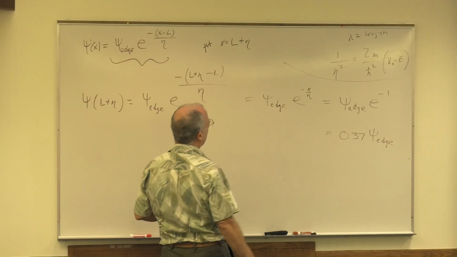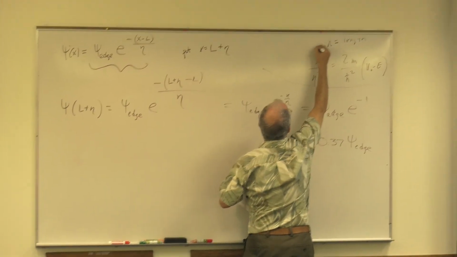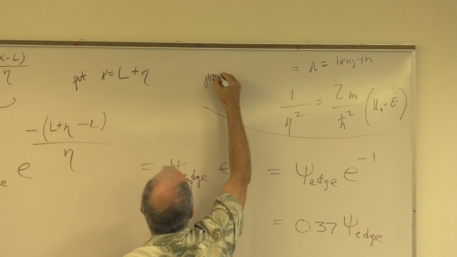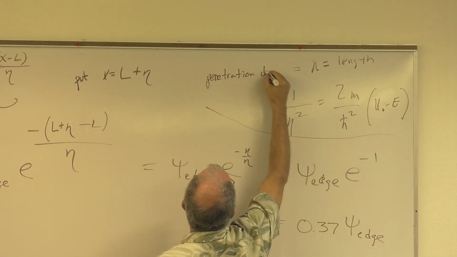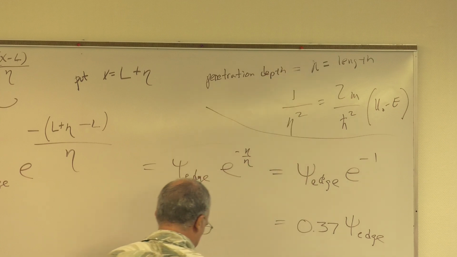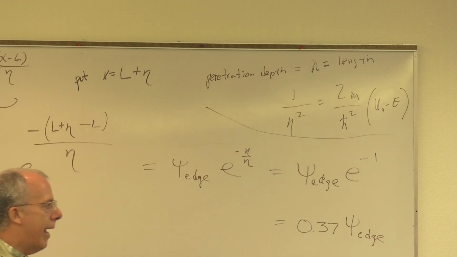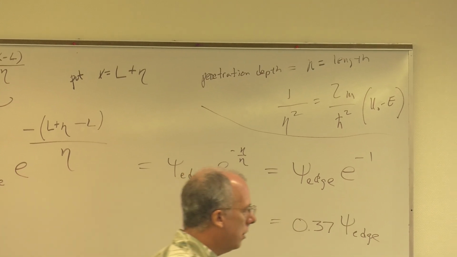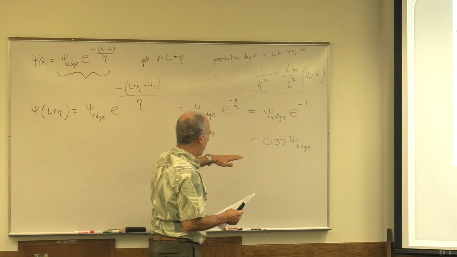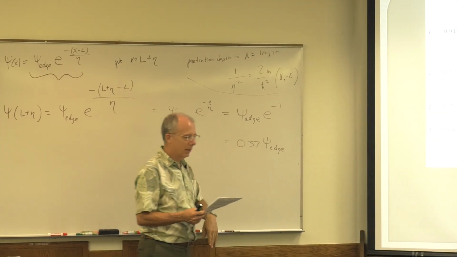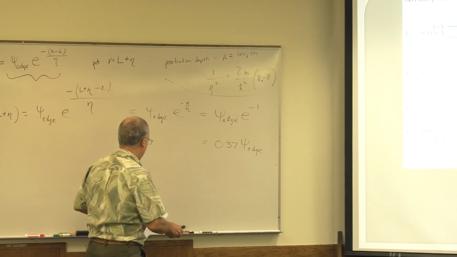We've got to give it a name. So eta, we're going to call the penetration depth. Because if you look at eta past the edge, psi goes to 0.37 psi edge.